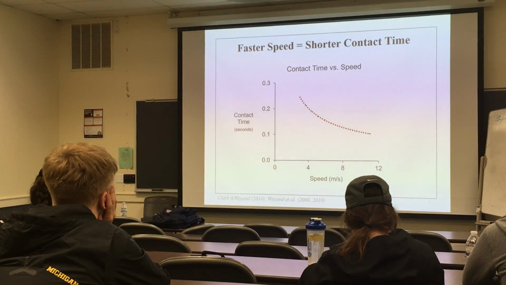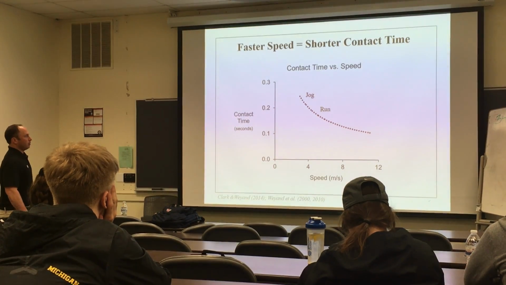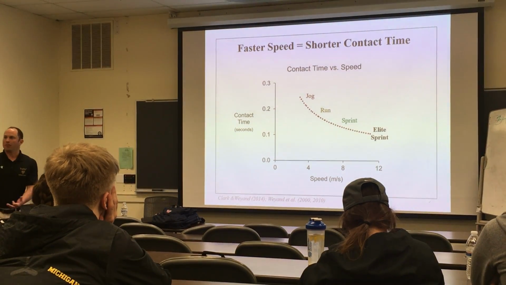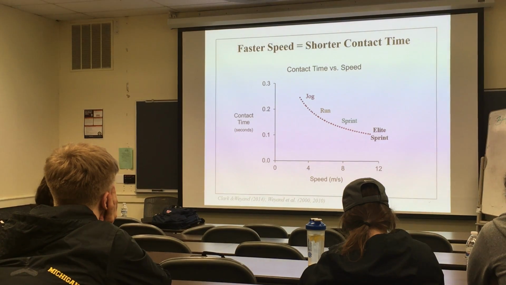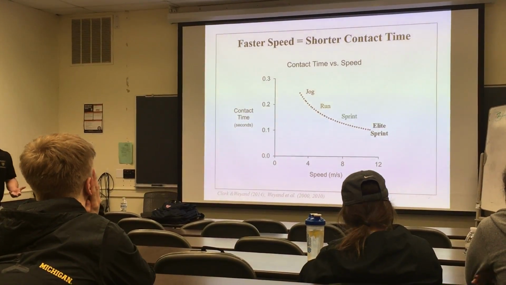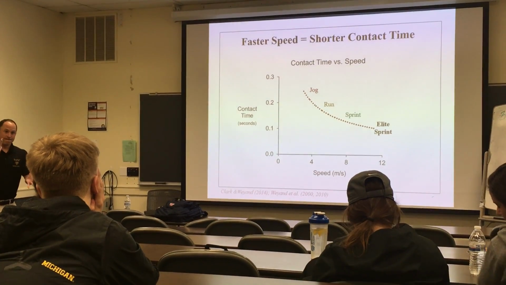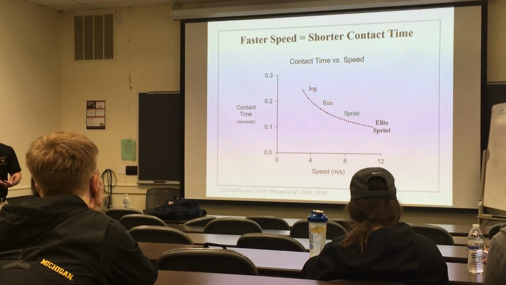Okay, so again, a little bit of the science of it. The faster you run, the shorter your foot is on and off the ground, or the quicker your foot is on and off the ground. If you're going for a nice easy jog, your foot's on and off the ground in about a quarter of a second. The faster you go, the quicker it has to get on and off the ground.